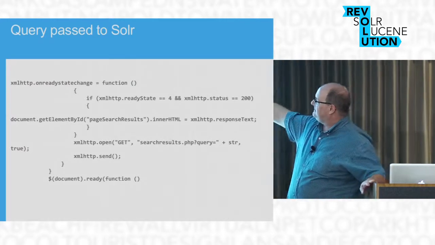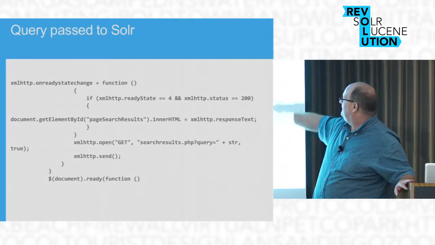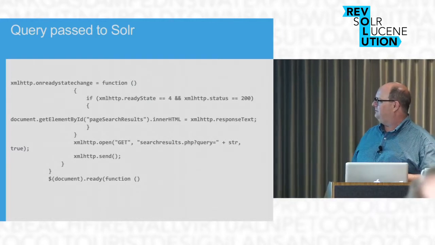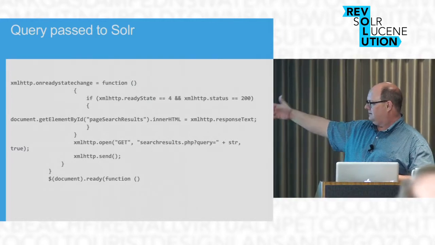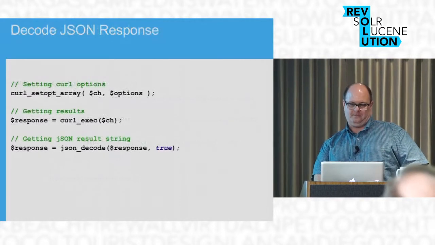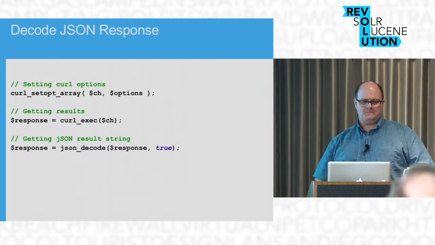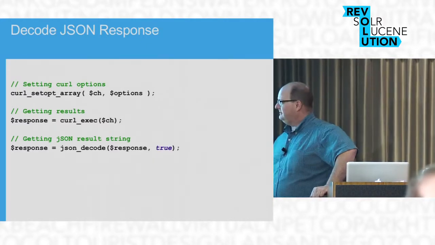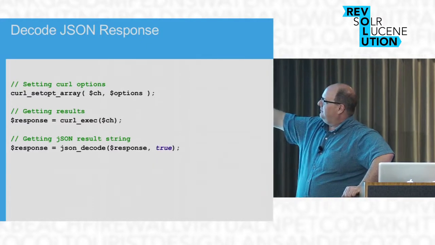Each time there's a key press, it passes that string to the PHP server that's running on the Windows Azure website. It's sent via REST. It's using JSON. We use curl.